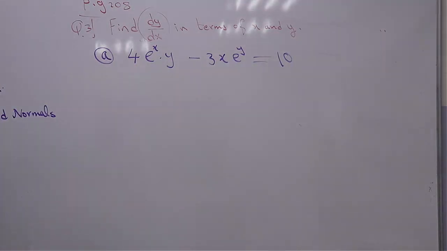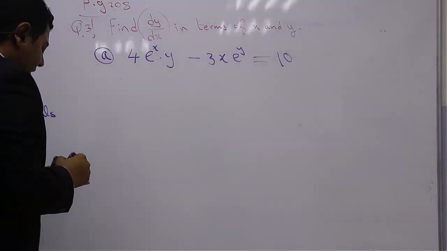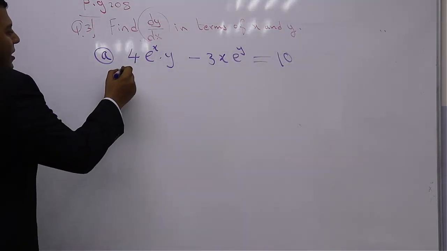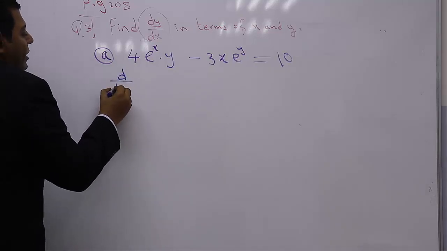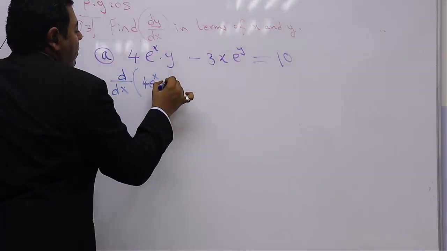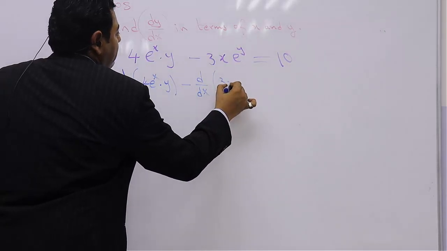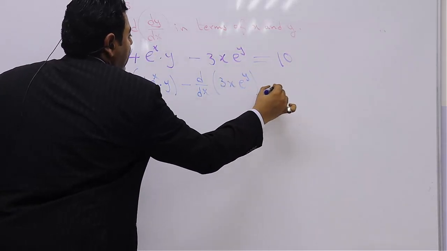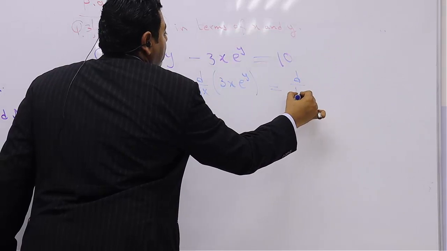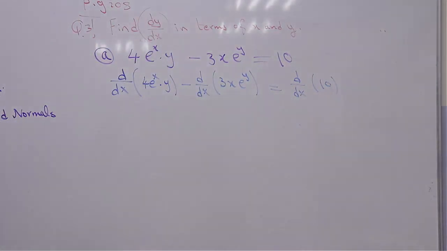So to find dy over dx, we just need to differentiate both sides with respect to x. D with respect to x for the first term, e to the power x times y, minus d with respect to x for the second term, which is 3x e to the power y. It's equal to d with respect to x for 10. So I will differentiate all terms with respect to x.